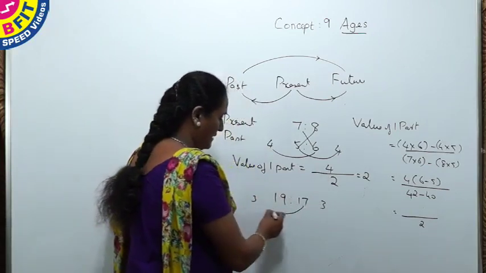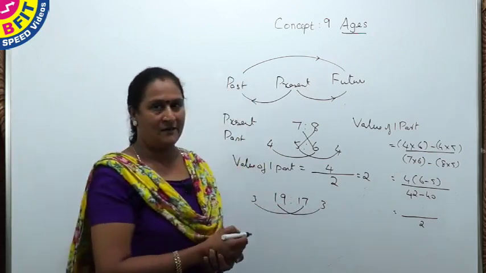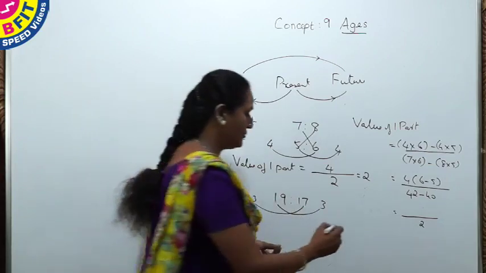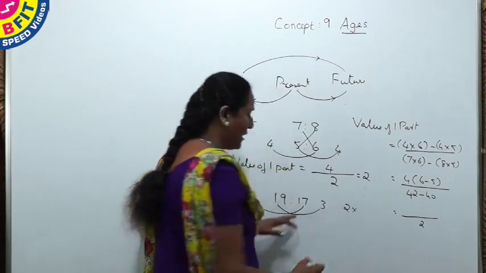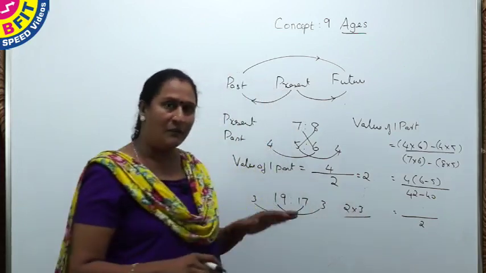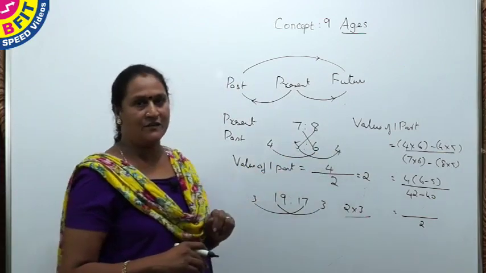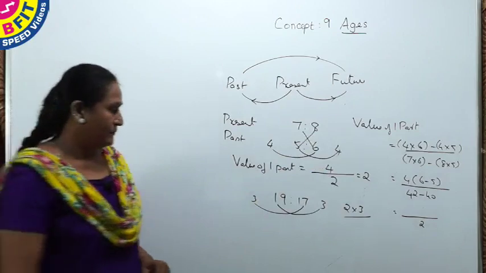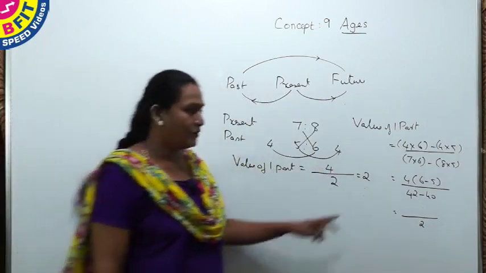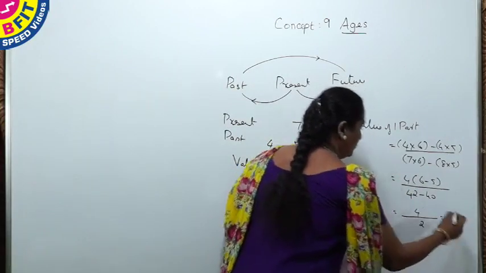We would multiply 17 and 3, 19 and 3 and subtract. But instead you can subtract these values, 19 minus 17 is 2, and multiply it with 3. So the numerator working becomes simple. You subtract and multiply by the number of years. So here 6 minus 5 is 1 and this is 4, which is equal to 4 by 2, that is 2.